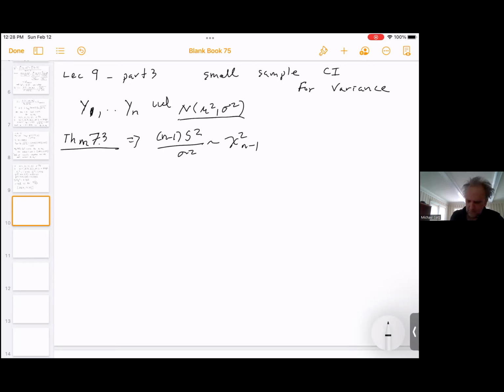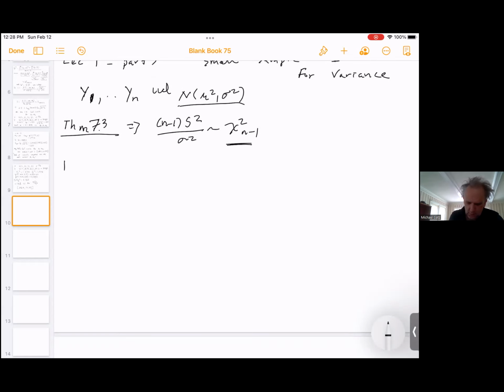One thing is this chi squared PDF is not symmetric, so we need to just pick 2 points. The common one is to pick the endpoints, so we know 1 minus alpha.